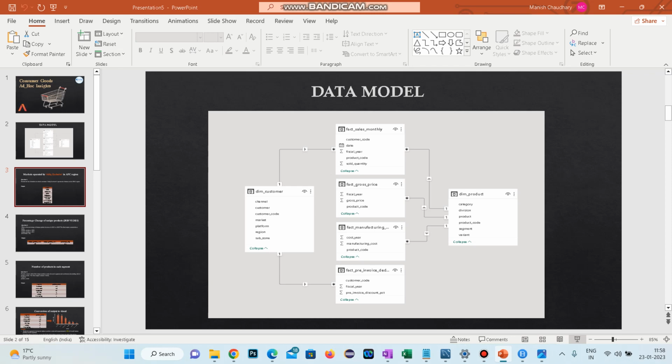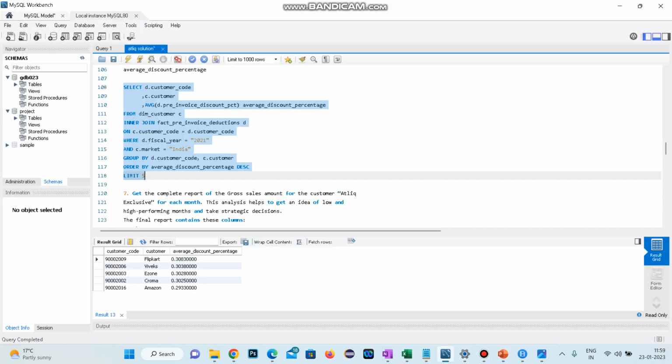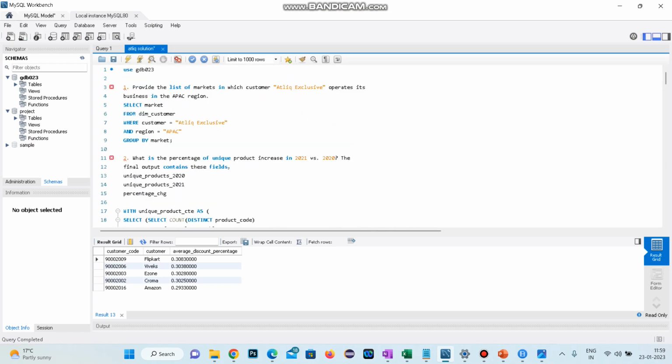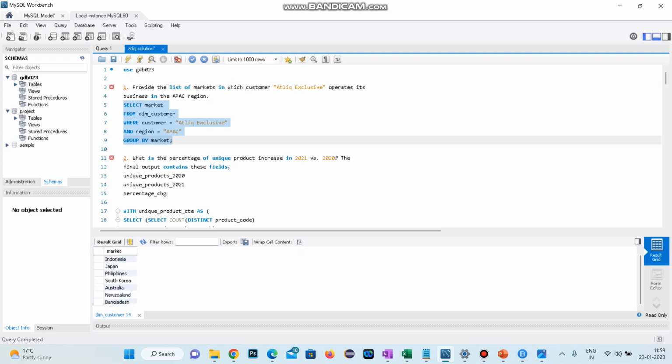Let's go to the query. The markets are India, Indonesia, Japan, Philippines, South Korea, Australia, New Zealand, and Bangladesh.